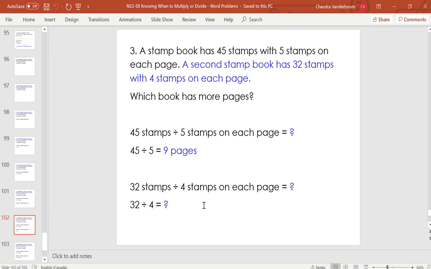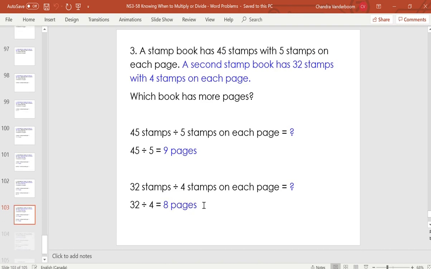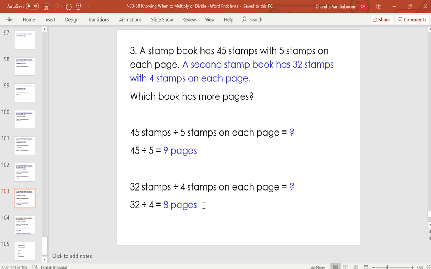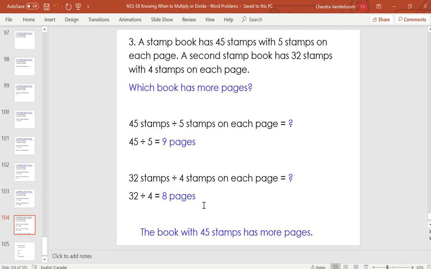Are you ready? 4, 8, 12, 16, 20, 24, 28, 32. That's right, 8 pages. So now we can see which book has more pages. The answer is the book with 45 stamps has more pages. This has 9 pages, so that book has more pages.